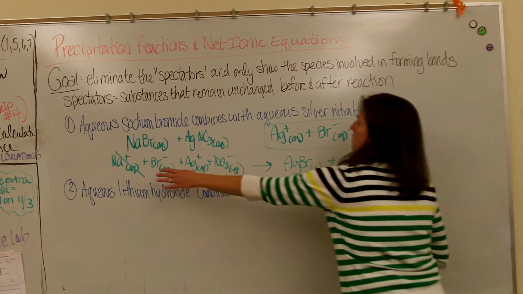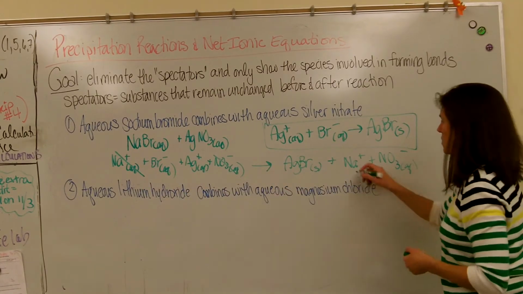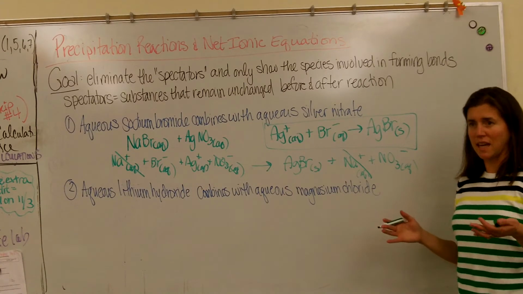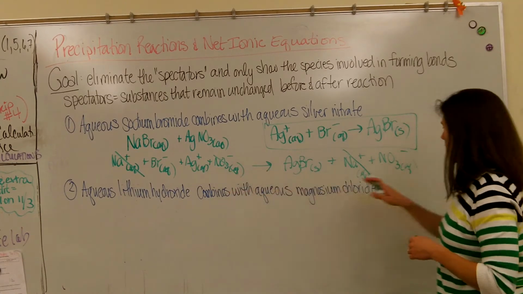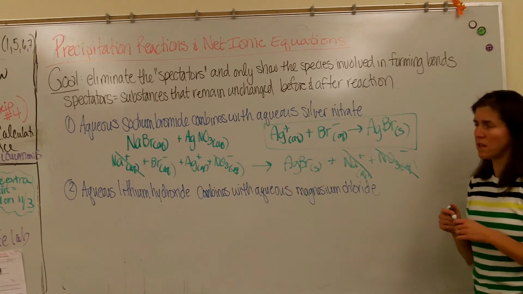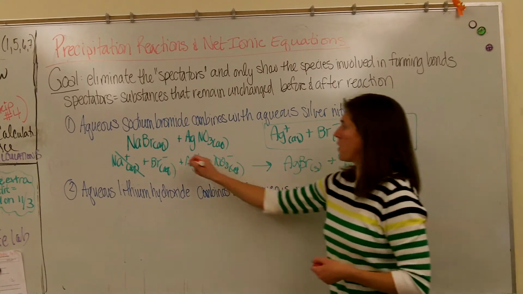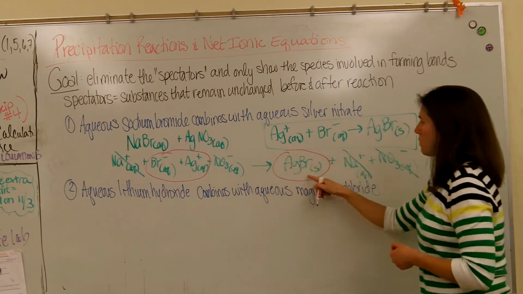Sodium ions aqueous over here, aqueous over here. Nothing has changed, so it's just a spectator. It's not actually involved in the reaction in any way. It's just hanging out in the solution, kind of watching, right? Nitrate was there before, it's there afterwards, totally unchanged, so it's a spectator. So you can see where my net ionic equation is coming from. The only ones that actually are involved in the reaction are these 2 things, which combine to form this thing right here.